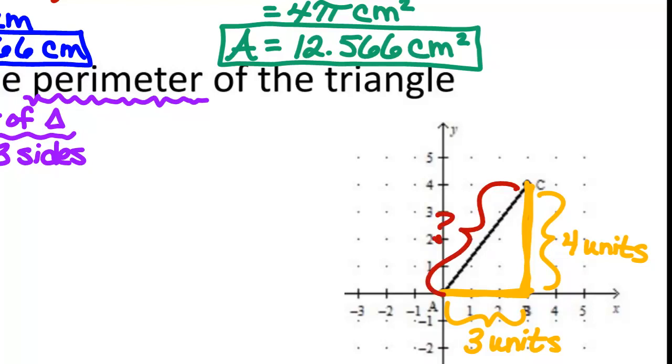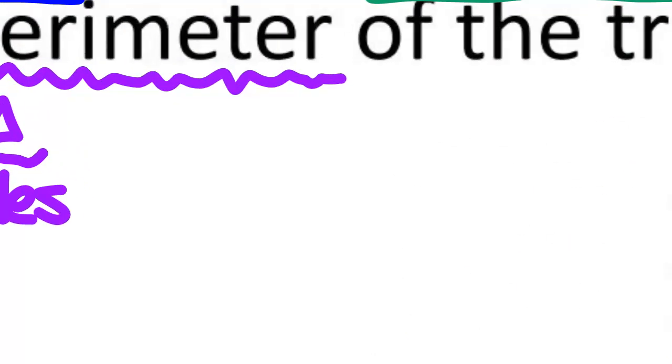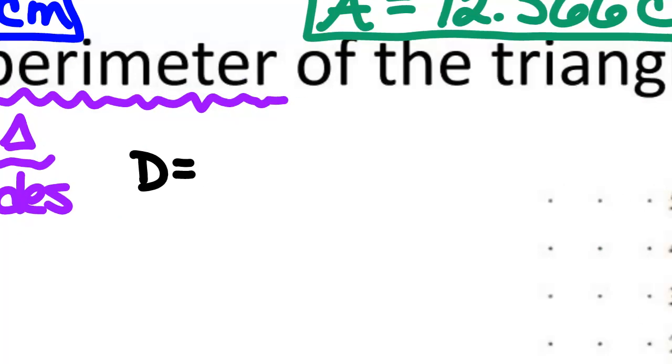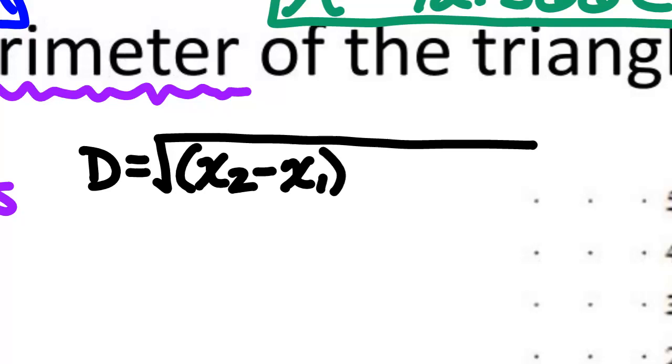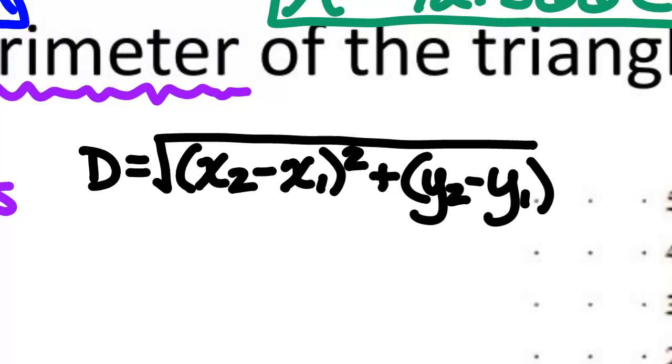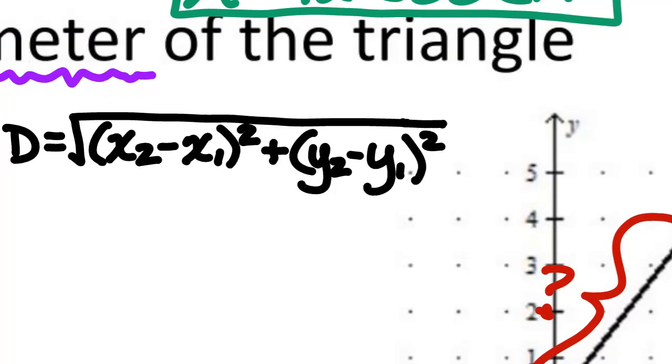This is where I have to use my distance formula. You will get the distance formula to use on the test. D equals, and then we've got that big old square root sign. Yes. Absolutely correct. So x2 minus x1, close my parentheses, squared, plus y2 minus y1, close my parentheses, and square it.